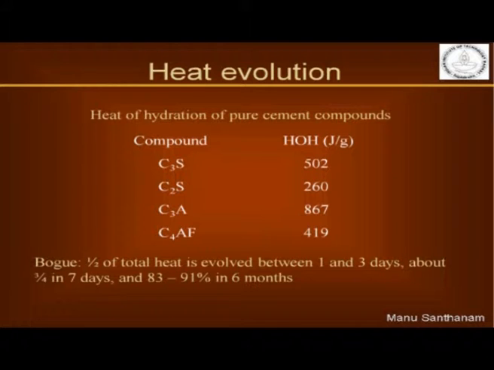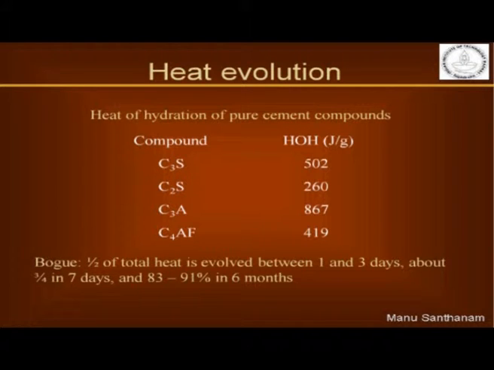So when you have a very high rate of heat evolution, there is a very good chance that your concrete will end up cracking. Okay. So please remember the total heat evolved is related to the actual evolution of the compressive strength, but the rate of heat evolved is very important from the perspective of understanding thermal cracking of cementitious systems.